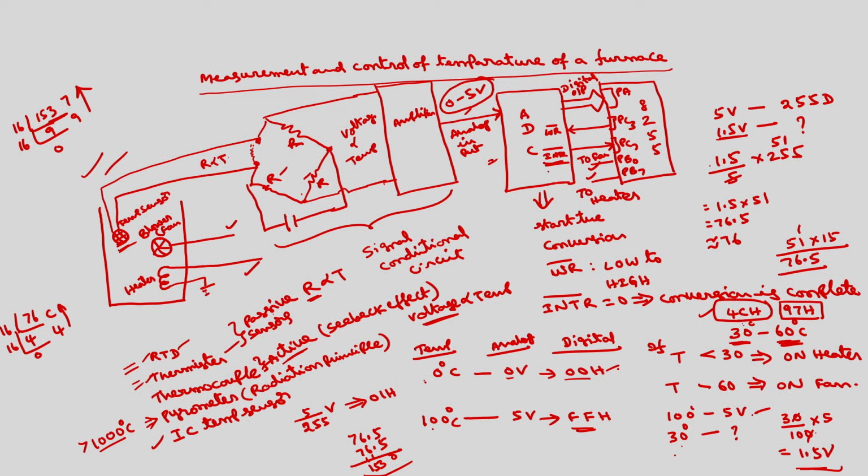The heater is connected to PB7, so we have to send a 1 on this pin so that the heater will be on. Otherwise, if the temperature is greater than 60 degrees, then you have to turn on the fan so that it will cool down and reduce the temperature.